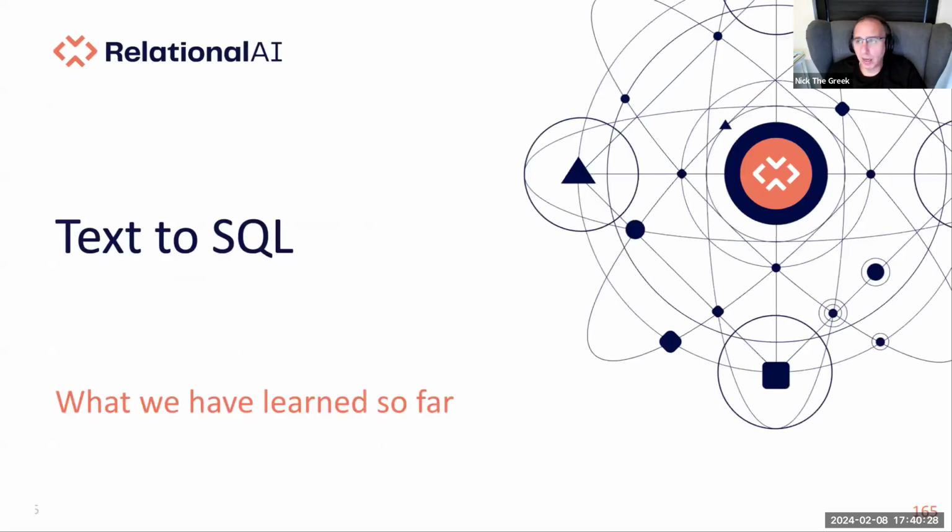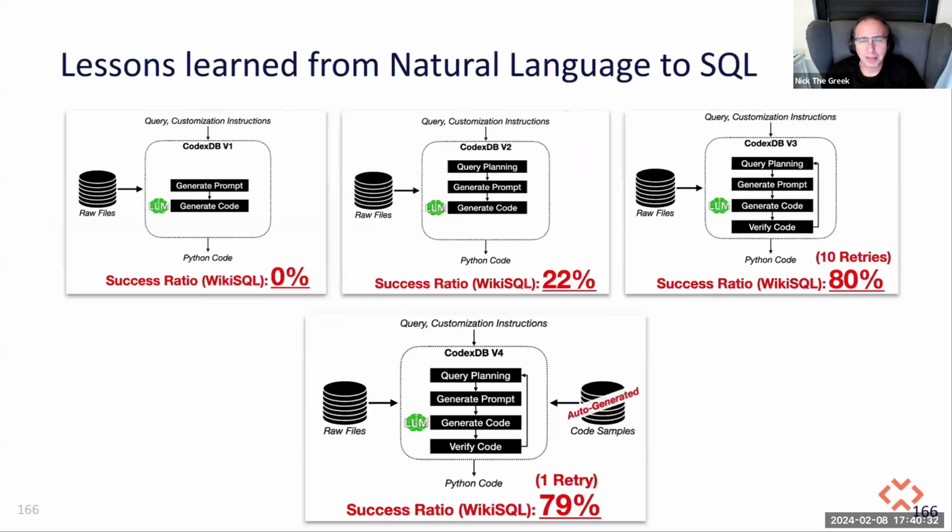And of course, lots of works about text to SQL and what we've learned so far. This is from Emmanuel Trummer's invited talk, where you give a query and some customization instructions. They have this CodexDB, version 1, and then it goes to version 4. They generate a prompt and they generate code.